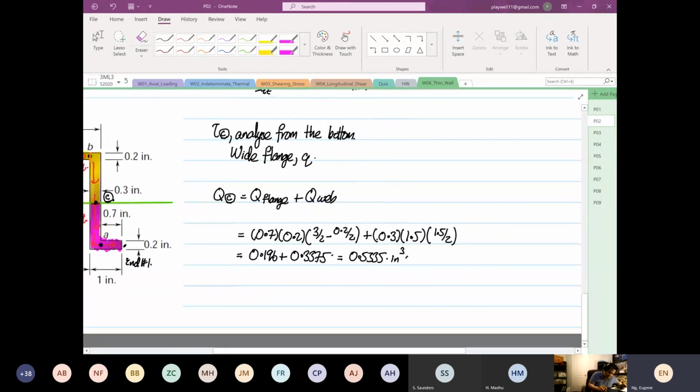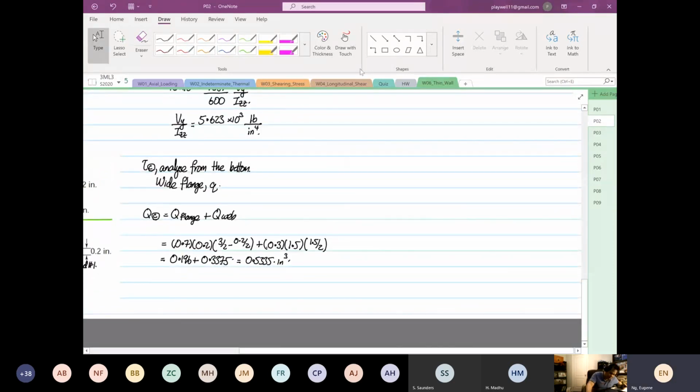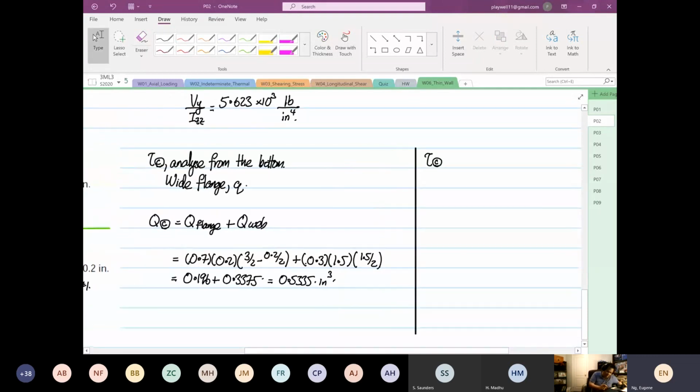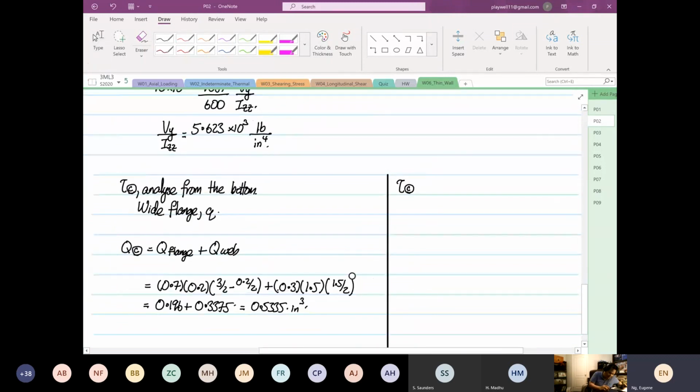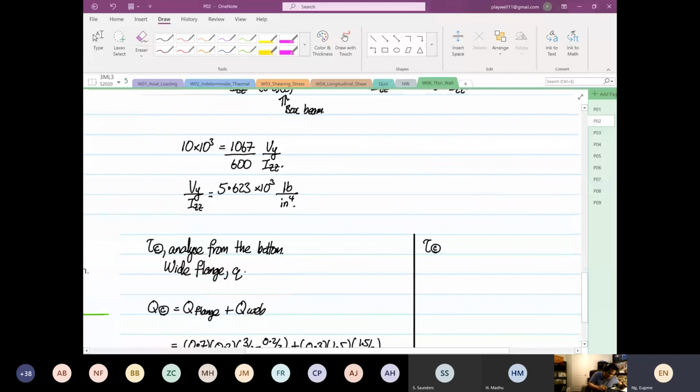So now I'm going to do right over here. So we know that the shear max or the shear at point C, down here we don't know whether it's shear max, right? It's 0.5335. We don't know, right? The other one is obvious because it's 1.067. This one we don't know.